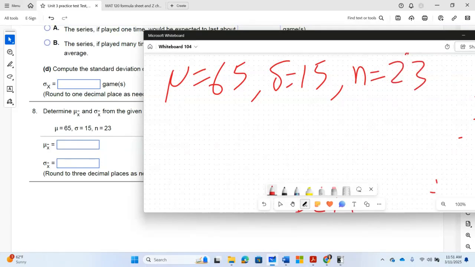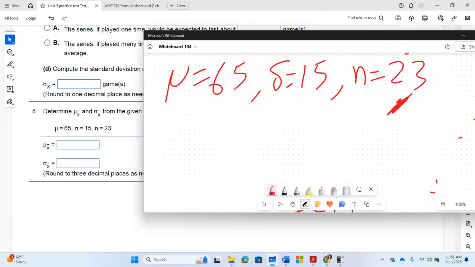We see the sample size is less than 30. When you start doing confidence intervals in unit 4, you will know that this is a case for the t distribution, because sample size is less than 30. But anyway, let's continue with that.